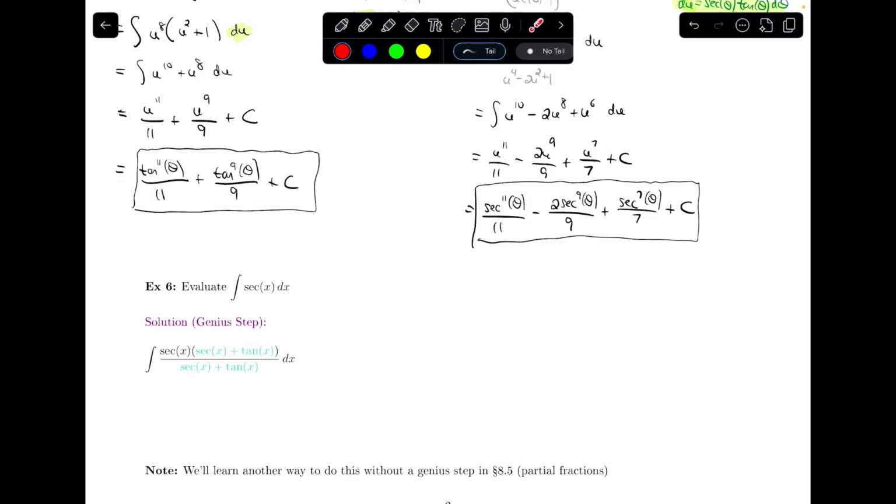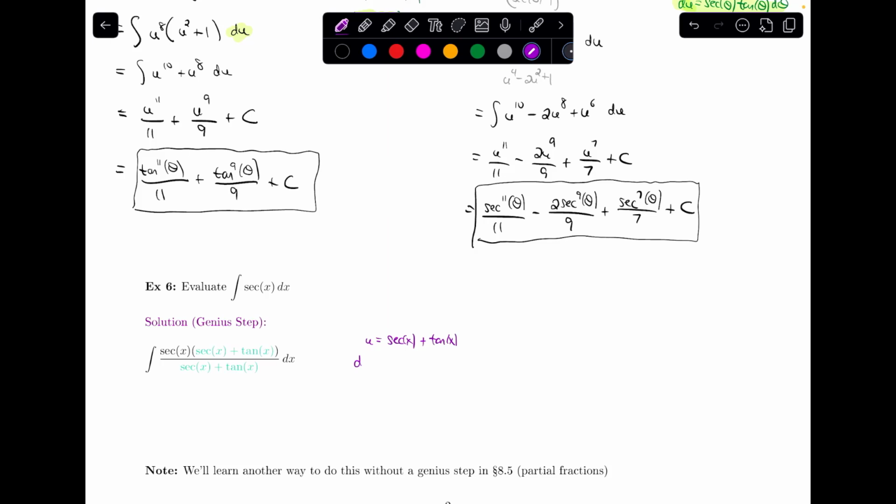One of the ways to do the antiderivative of secant involves a very genius step, something totally not obvious, which is to first multiply the top and the bottom by secant x plus tangent x. And then to do u sub. I'm going to let u be secant x plus tangent x.